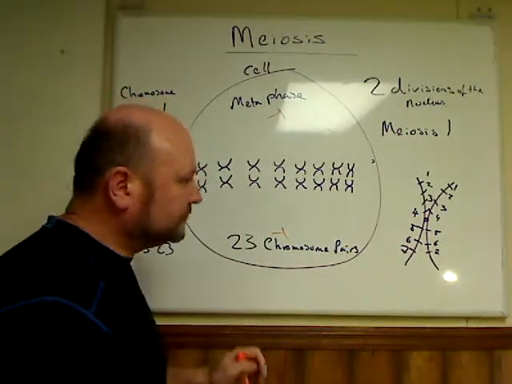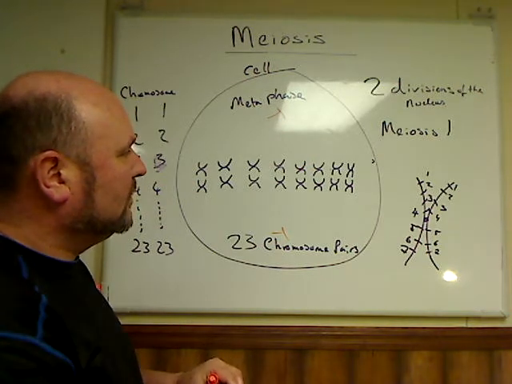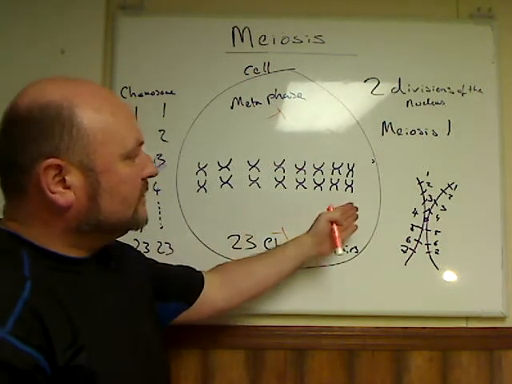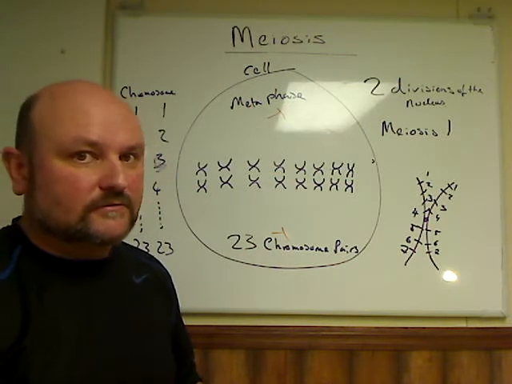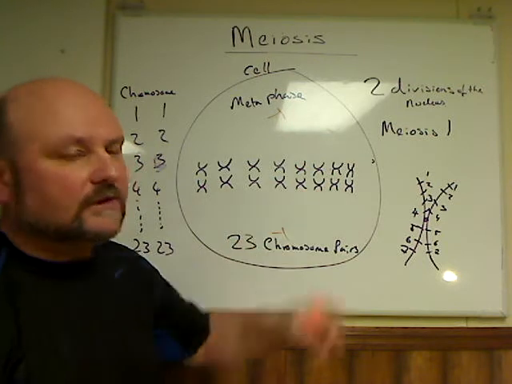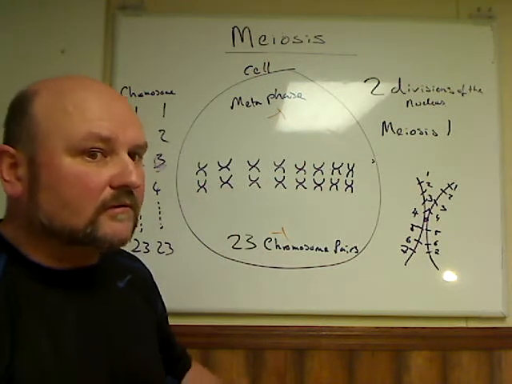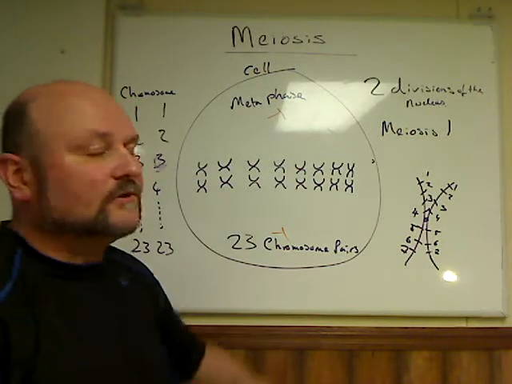Alright, so here is our 8 chromosomes, but this time they'll look different because remember I just drew one line for the mitosis and said 8 chromosomes. There are actually 4 chromosomes but 2 copies of each.